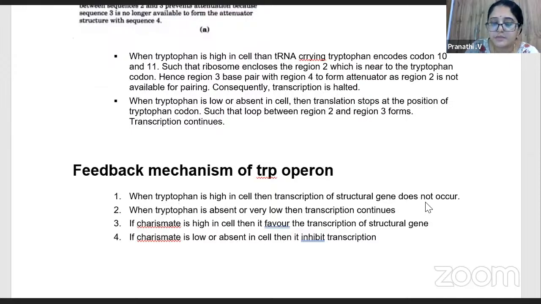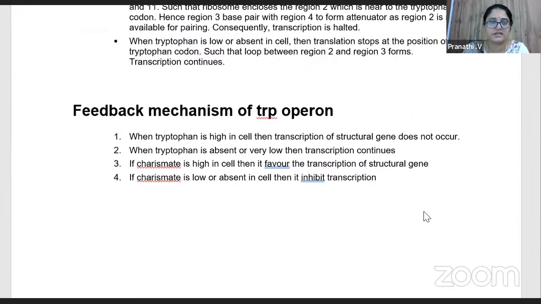So this is the feedback mechanism: when tryptophan is high, structural gene transcription does not take place. When tryptophan is absent or very low, transcription continues, because 2 and 3 form the loop instead of 3 and 4. Chorismate is high, tryptophan transcription takes place. Chorismate is low, then tryptophan synthesis does not take place. This is the feedback mechanism.